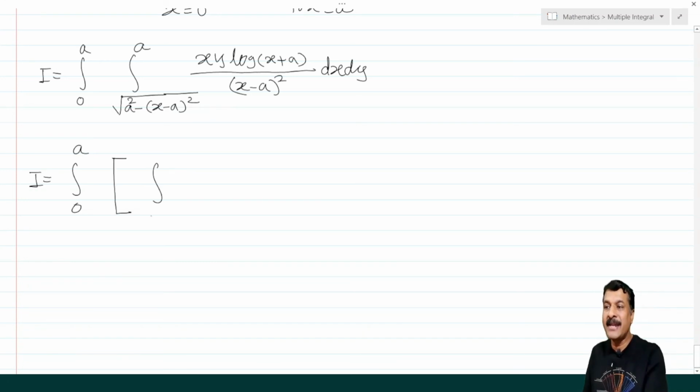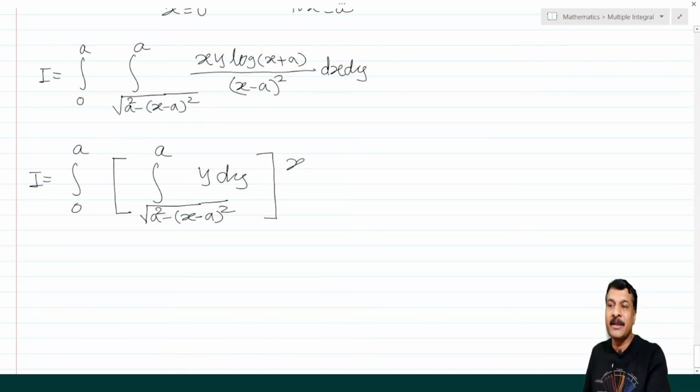So only y inside, remaining all outside. So you put the limits, and only y is inside. So it is very easy. Only y dy is inside, remaining all outside, that is x log(x plus a) upon (x minus a) whole square into dx.